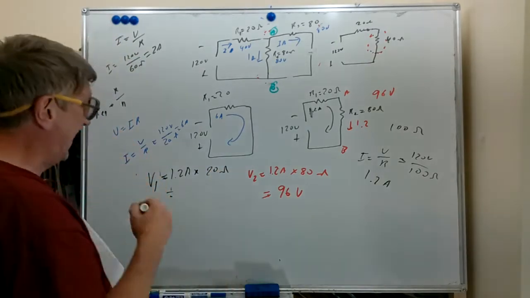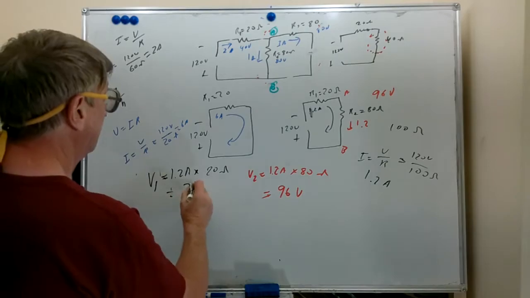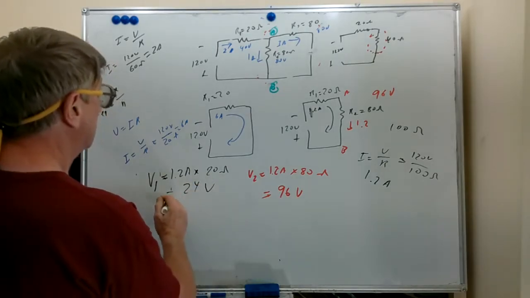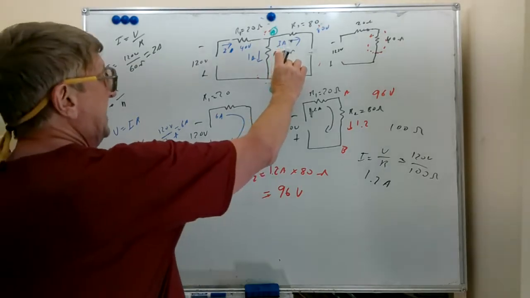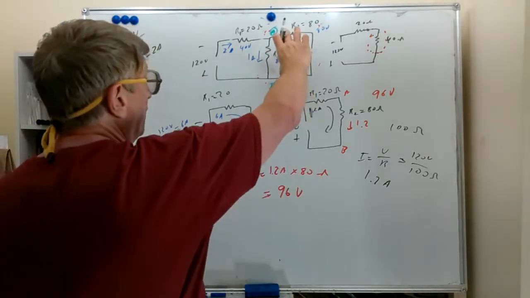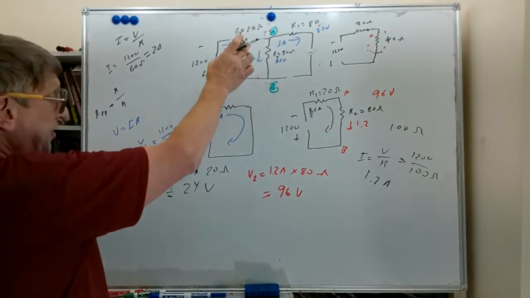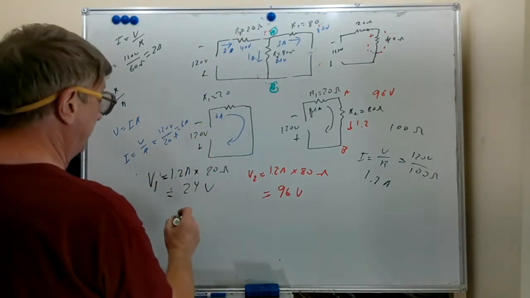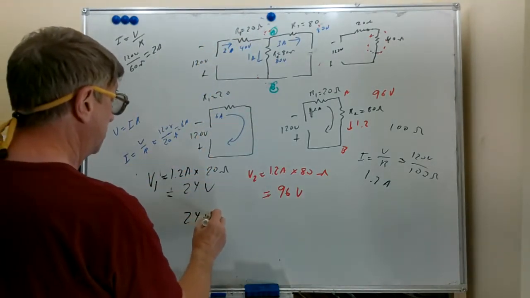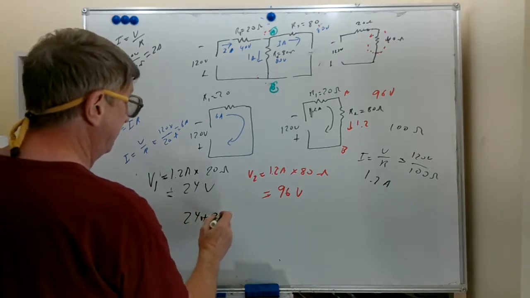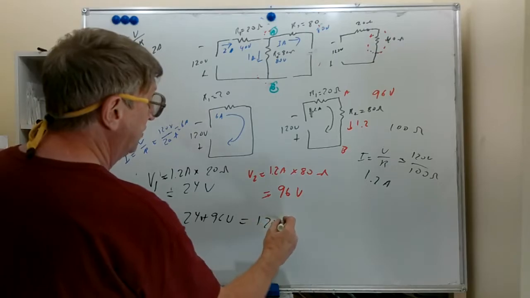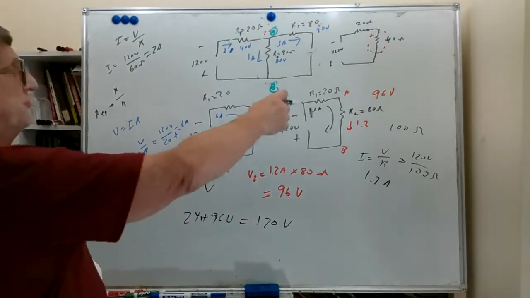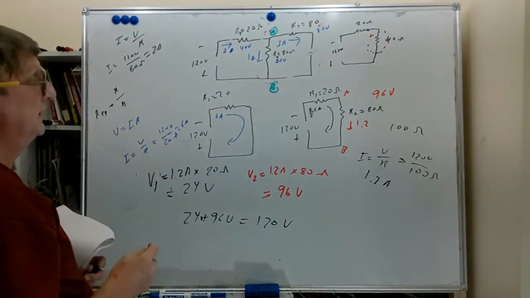So here now we have 24 volts. So this guy had 40 volts, now it's only got 24. This guy had 80, now it's got 96. So we're over voltaging this part, under voltaging that part, but 24 volts plus 96 volts does in fact equal 120 volts. So our voltage total formula still adds up.